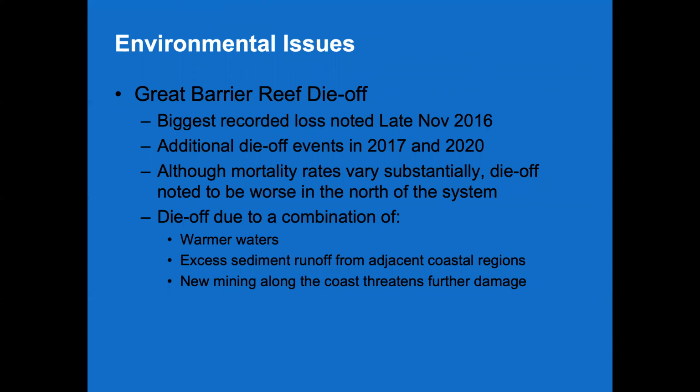The Great Barrier Reef die-off was the biggest recorded one. It was in late November 2016, with additional ones in 2017 and 2020. The die-off took place as a result of warmer waters, excess sediment runoff, and mining contamination. You can think of coral as a living organism that requires just enough light.